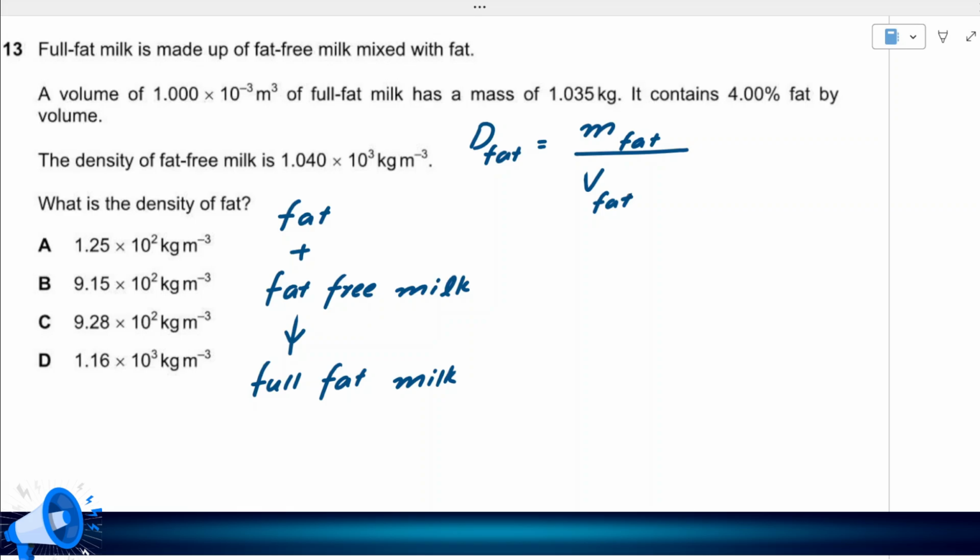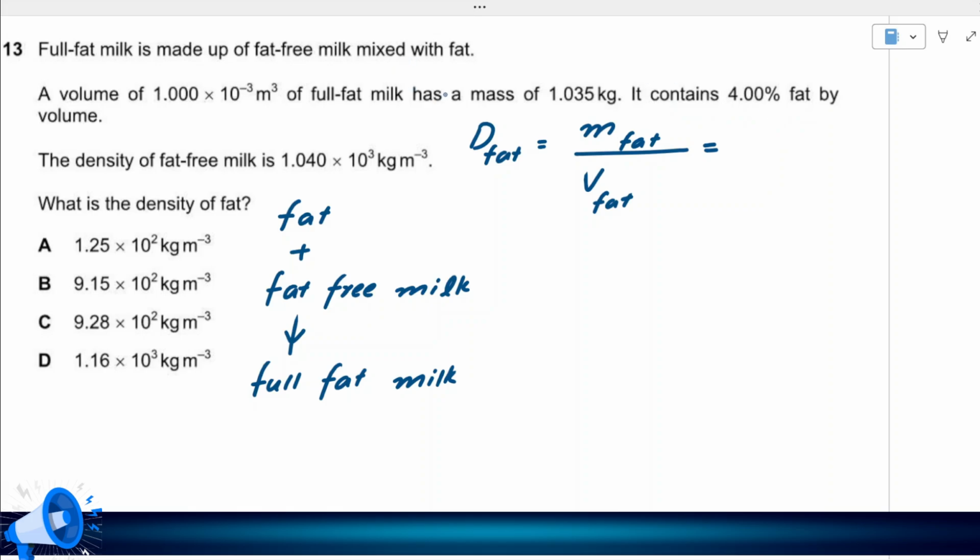Now, what is the mass of fat? We don't know right now. What is the volume of fat? We don't know directly, but we see it contains 4% fat by volume.